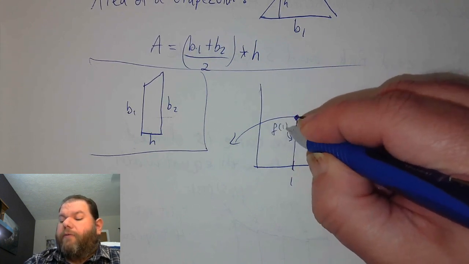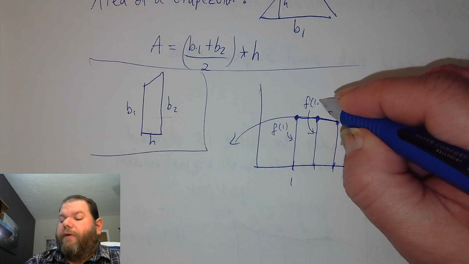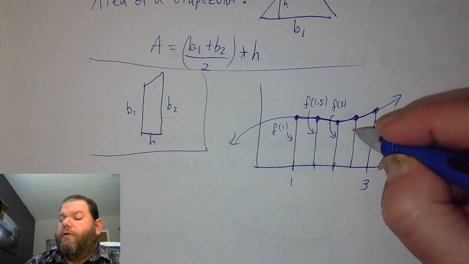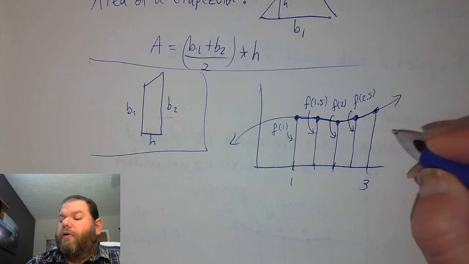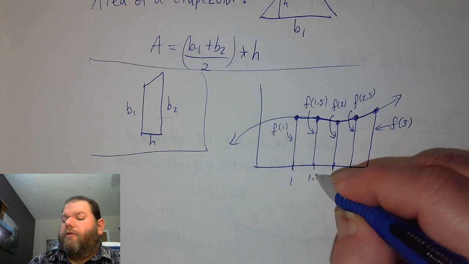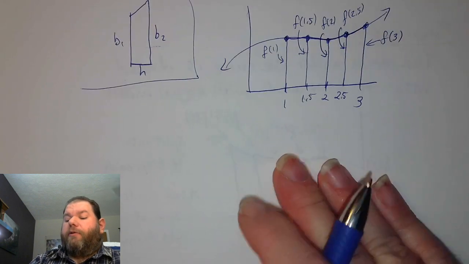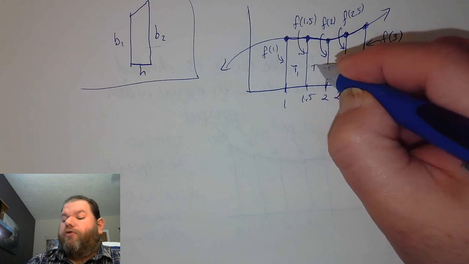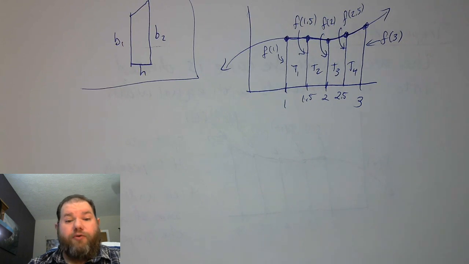So this side is f of 1. This side's f of 1.5. This is f of 2. There's f of 2.5. And finally f of 3. So we look at the area. Here's trapezoid 1, trapezoid 2, trapezoid 3, and trapezoid 4. So we have 4 trapezoids here.